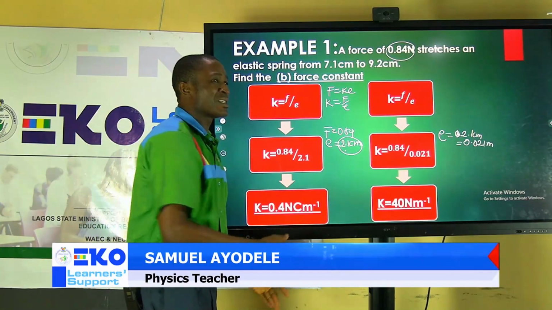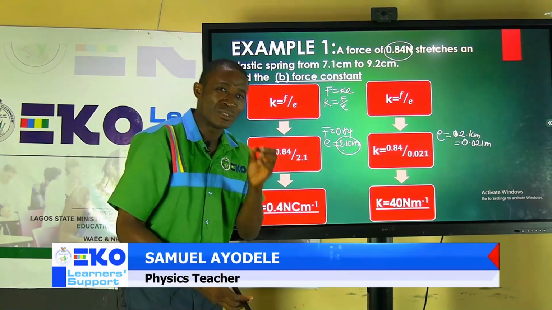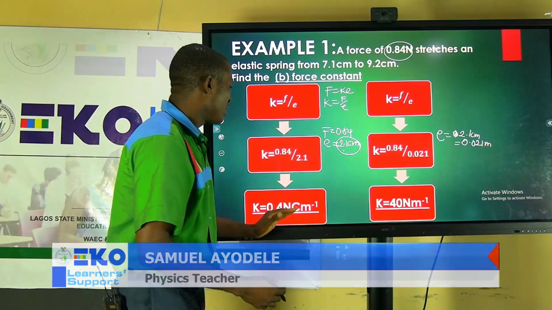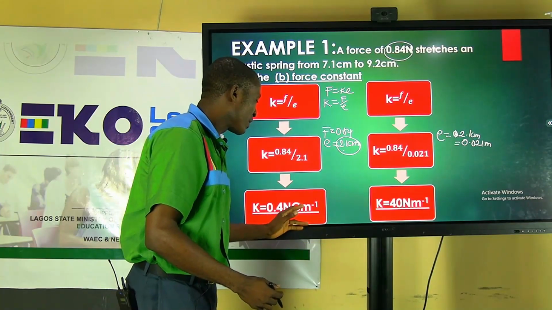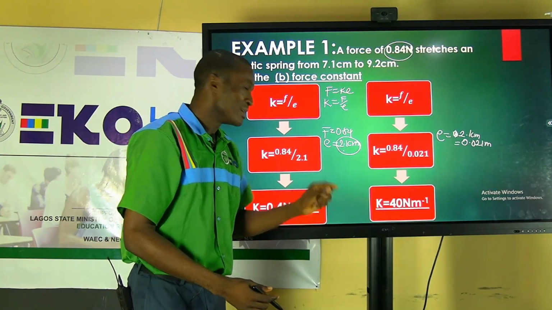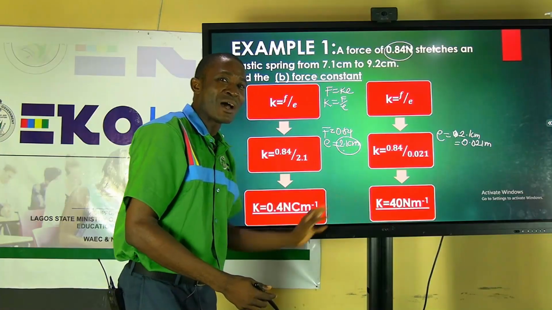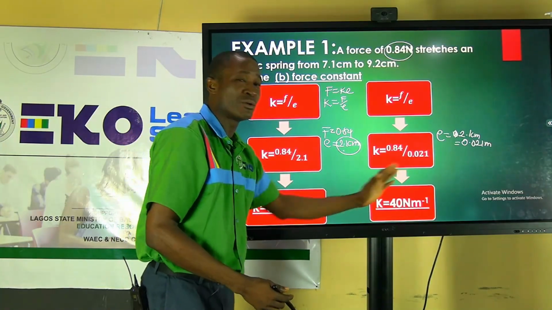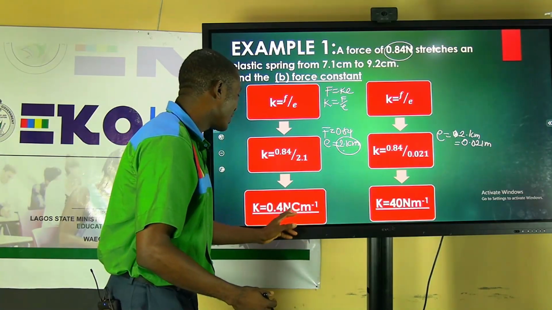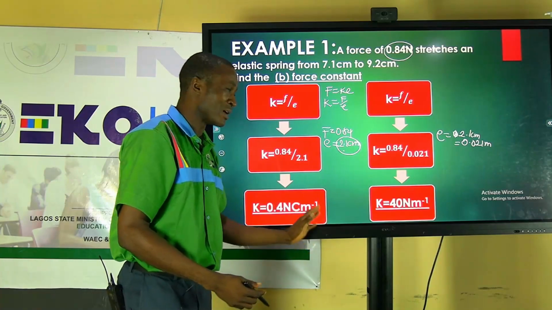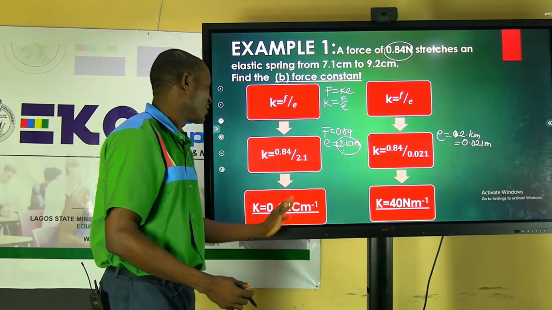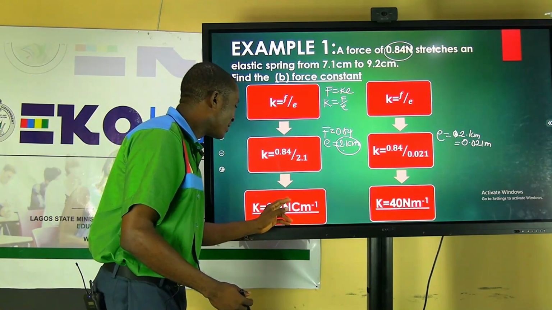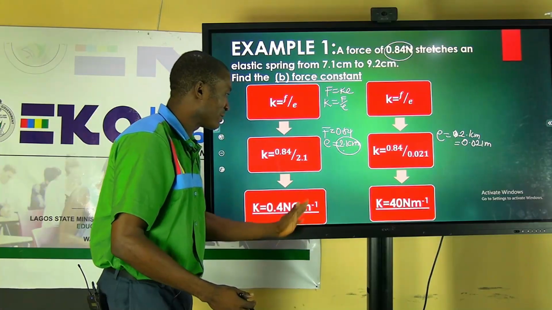If it is an objective question in your WAEC or NECO, if your option has any of these units, that will determine the approach you're going to make use of. If your unit is in Newton per centimeter, you use this approach.